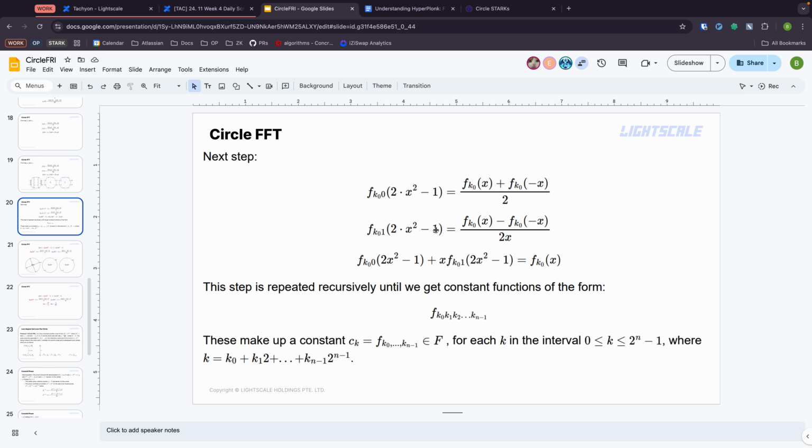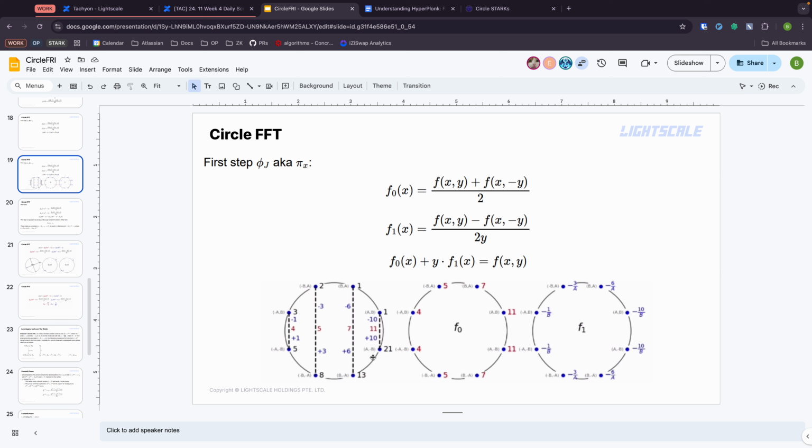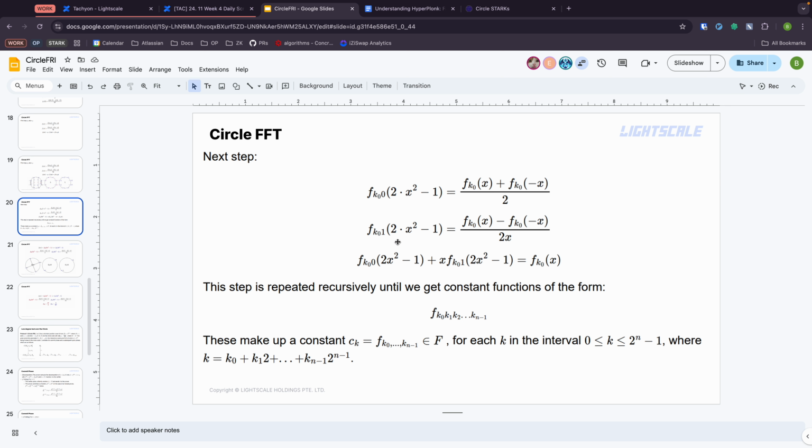So let's say we put, for example, x is a. Then 2a squared minus 1 is going to be f0a, fk minus a, right?